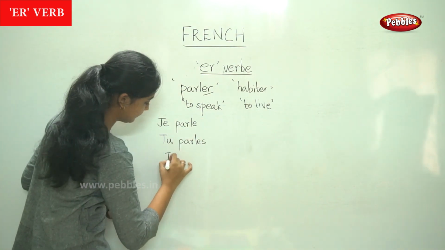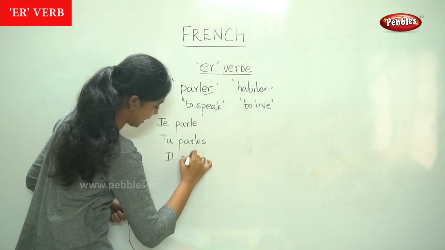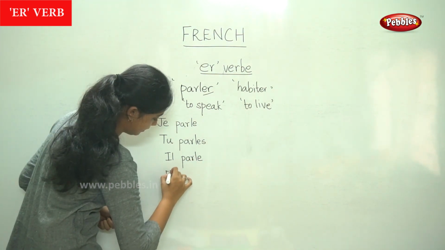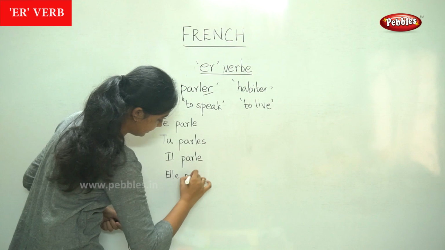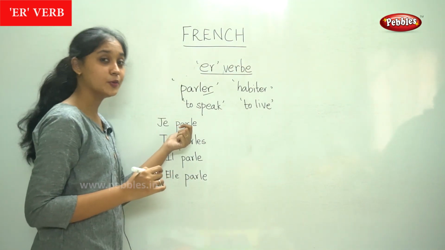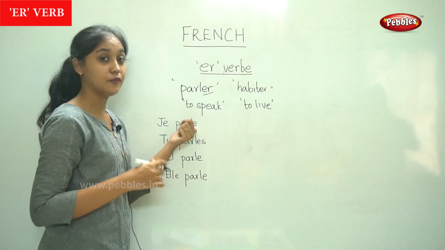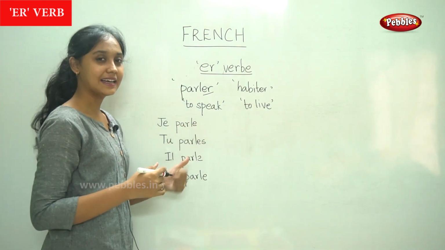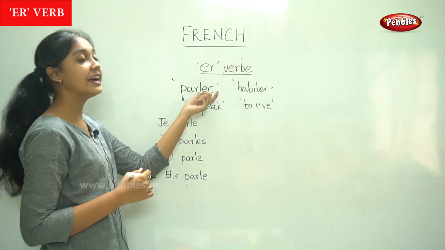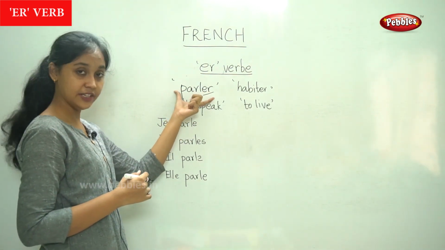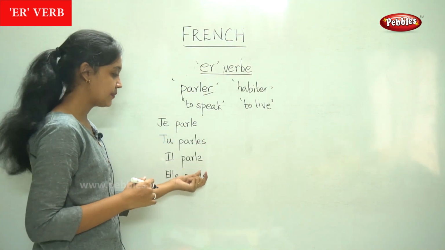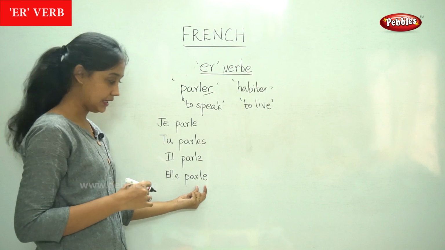For il we add E, and for elle we add E. So I hope you remember this. Even if you don't, this will be like a recap. So for an ER verb, we will remove ER from the infinitive and add E, ES, E, E.